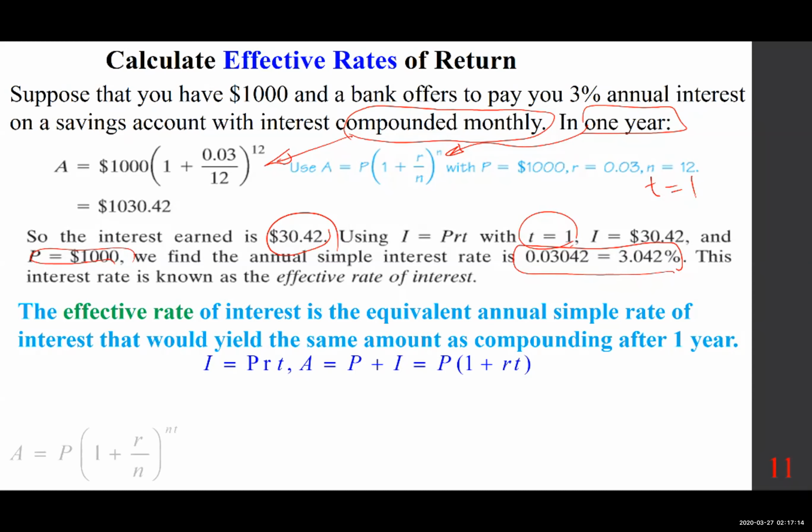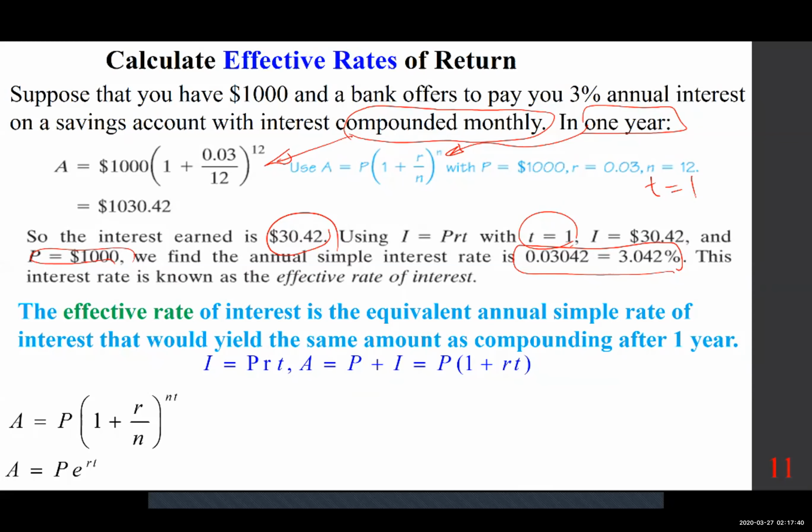This is a compound interest. P equals 1, A equals P times 1 plus R over N to the power of NT. And this is compounded continuously. And so in 1 year, class, here's what happens. When we look at the amount, it's important to see the amount is this when we use the simple interest. The simple interest gets added to the principal and it gives us this formula.